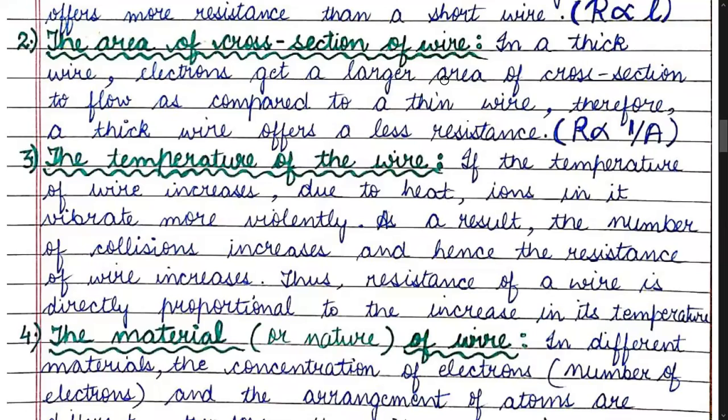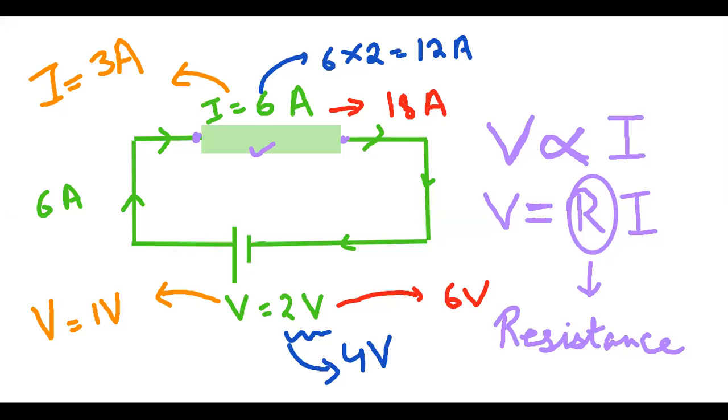In a thick wire, electrons get a large area of cross-section to flow as compared to a thin wire. What does it mean? That if we are having a thinner wire and a thicker wire.